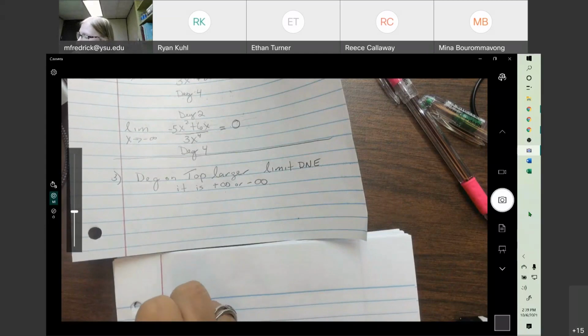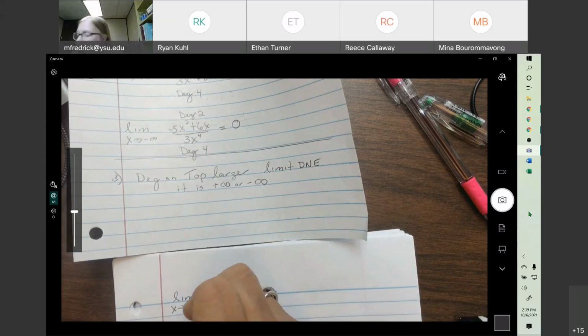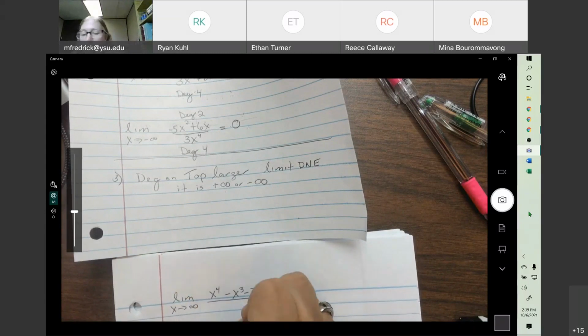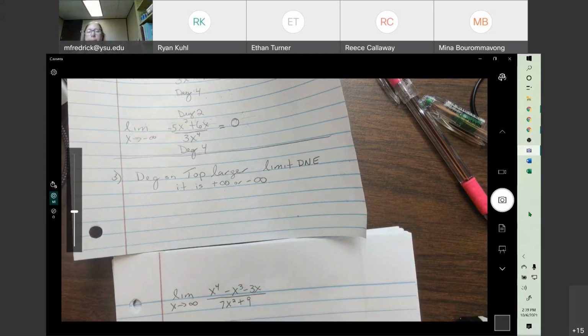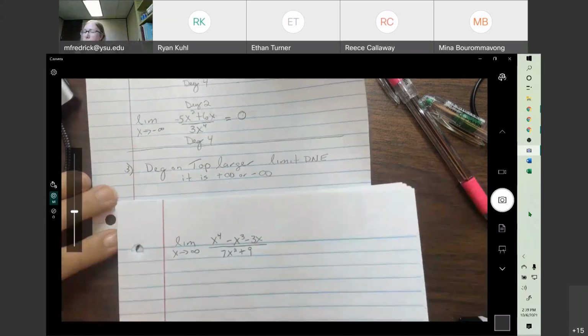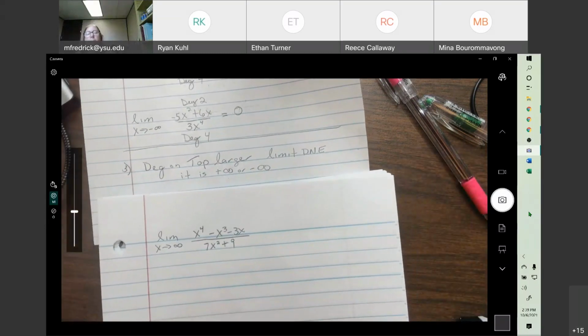If we have the limit as x approaches infinity of x to the 4th minus x cubed minus 3x over 7x squared plus 9. Okay, first thing, check your degrees.